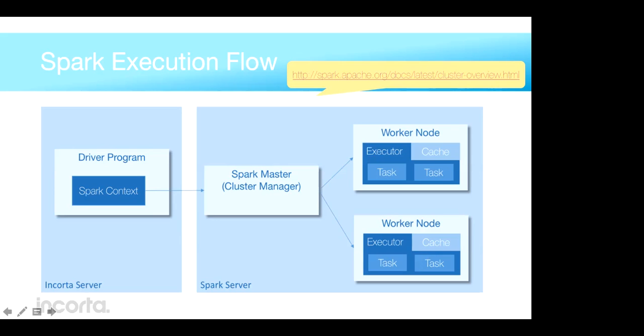This executor has multiple threads, and these are the tasks that actually read and write the data. After this finishes, the executor is gone, but the master and the worker are still in listening mode.